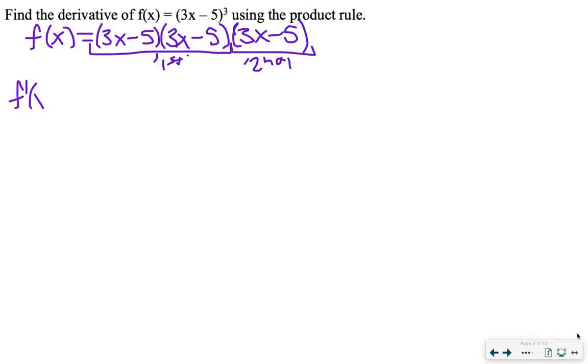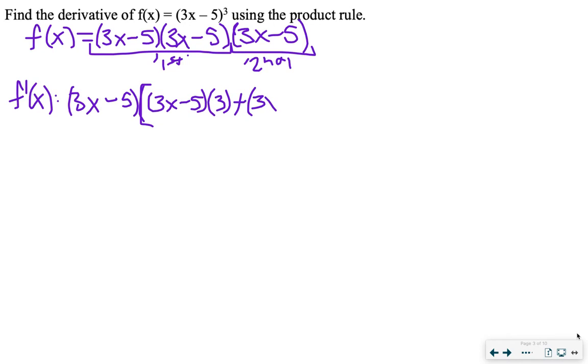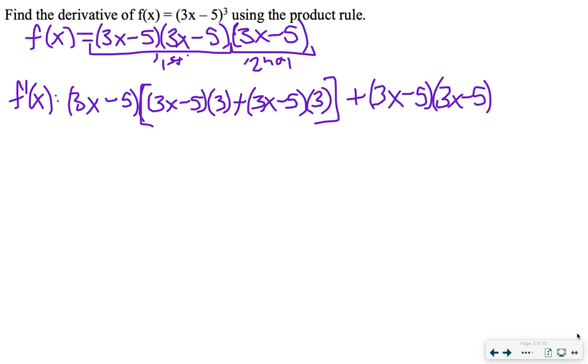So my derivative f of x, all right, so second d first, and when I take the derivative of the first, I got to use the product rule again. So within that first, I have got second d first plus first d second. Okay, so there's my second d first of my entire function, plus first d second.